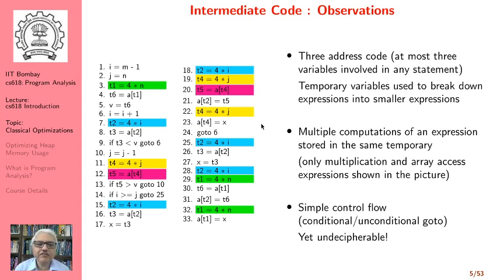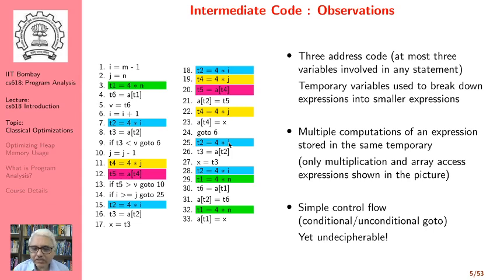You can see several expressions, several statements colored. The idea is that every expression is evaluated into the same temporary everywhere, which means that 4 star i, if it is evaluated in t2, then every instance of 4 star i will be evaluated in t2.